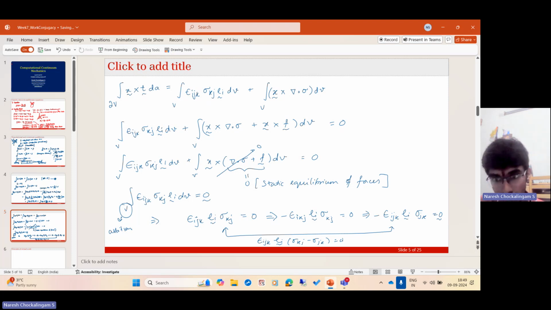The basis vector itself is not 0. Therefore, the only way this can happen is sigma kj minus sigma jk equal to 0, which means sigma kj equals sigma jk, which means the stress tensor is symmetric.